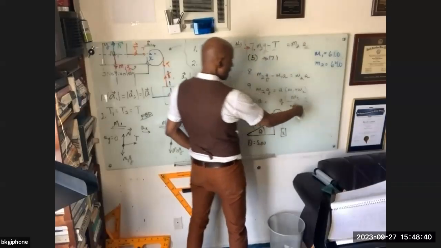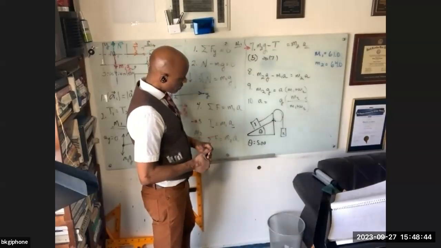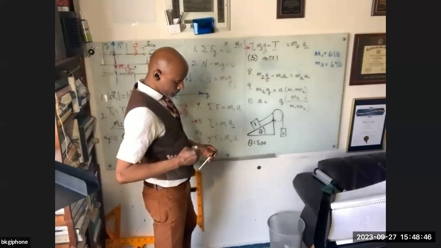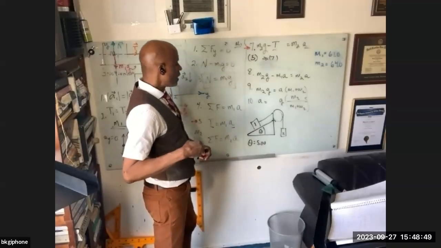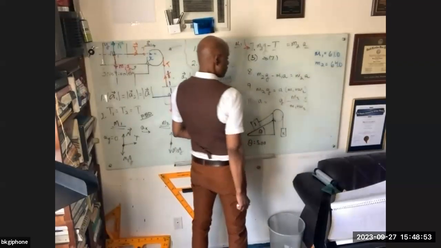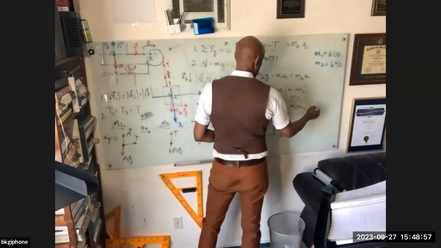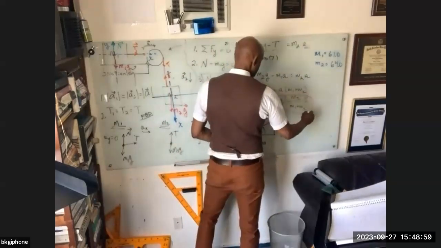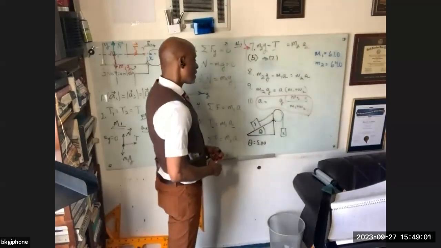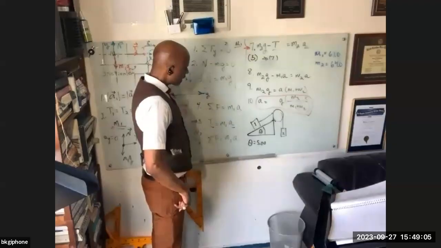It's a unitless number, kilograms over kilograms. It's less than 1 because the denominator is greater than the numerator. That means the acceleration A is going to be less than G.